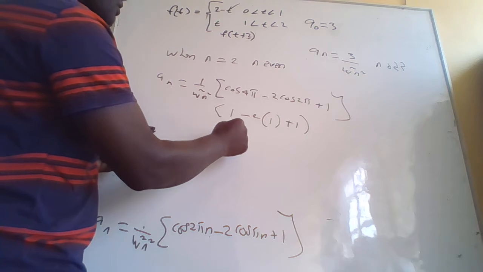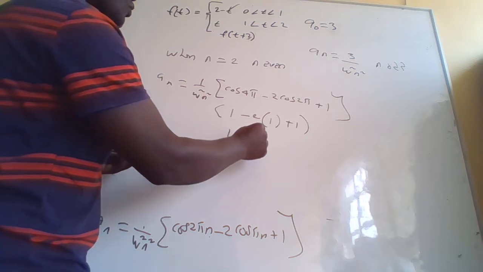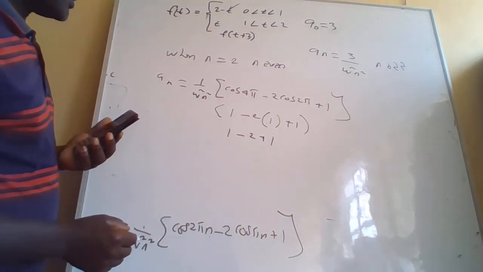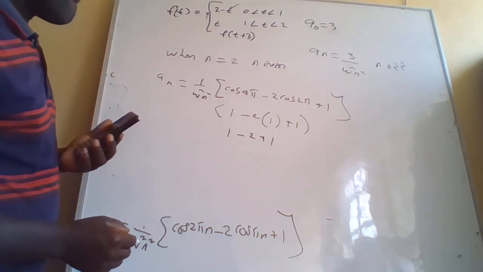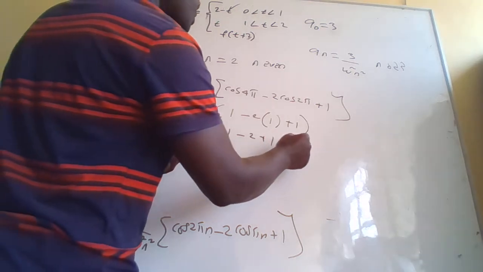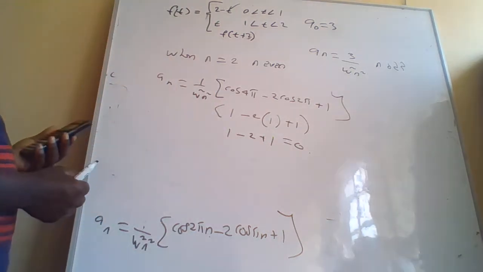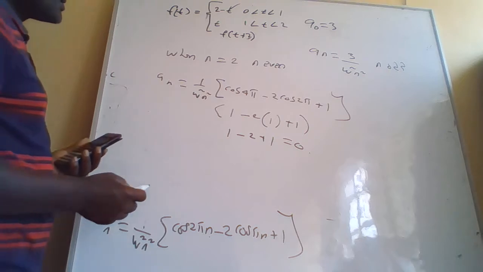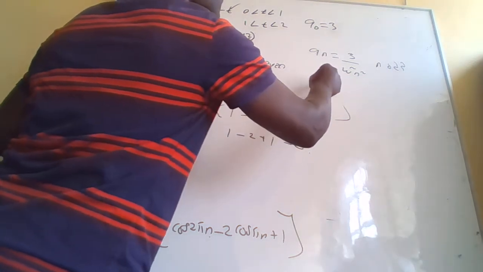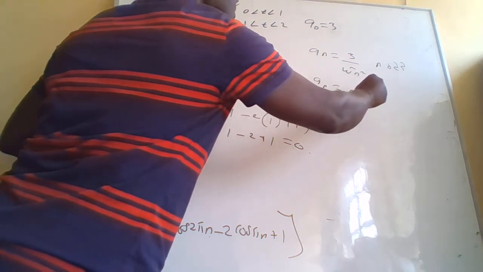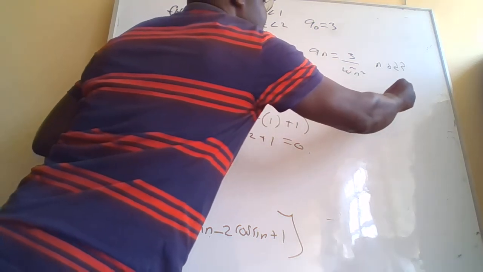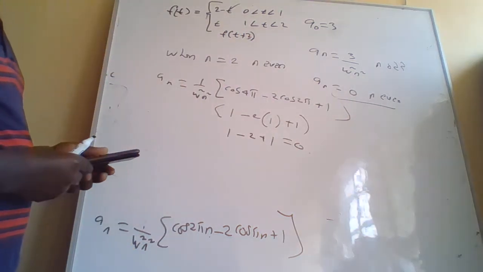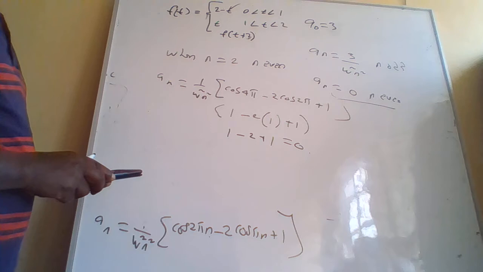So it's like we have 1 minus 2 plus 1, which equals 0, meaning that an equals 0 when n is even, meaning that at even numbers the series does not exist.